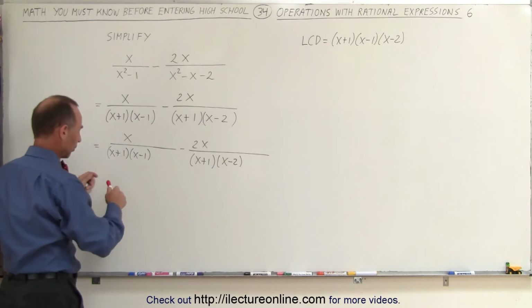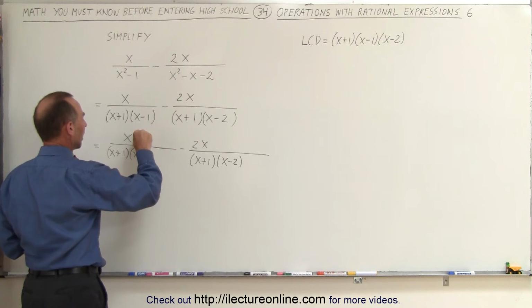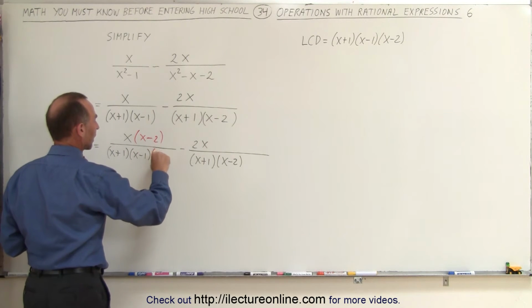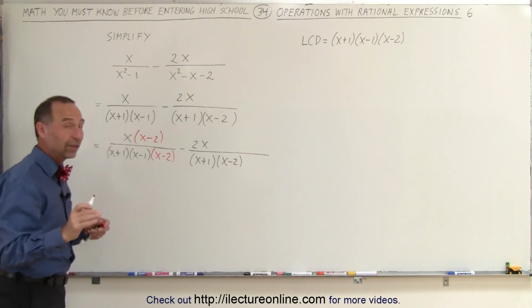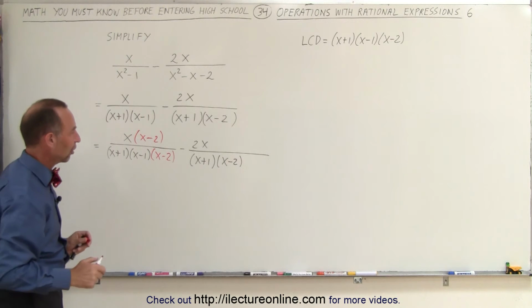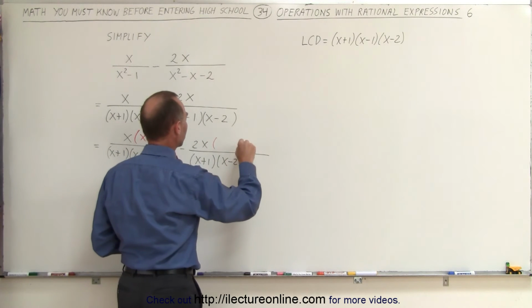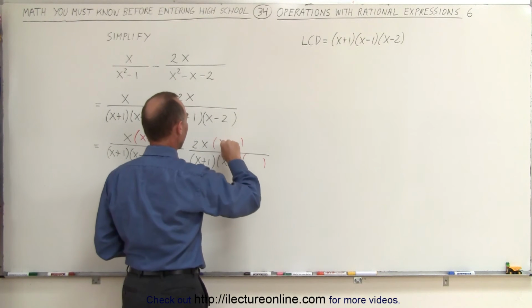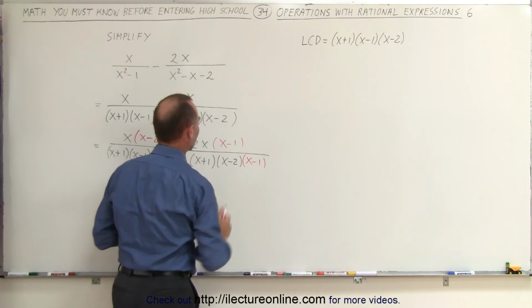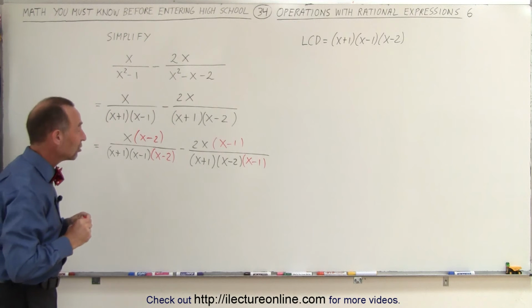In this case, we're going to multiply both the numerator and the denominator by the missing term, which is x minus 2. Again, notice that if we cancel these two out, you end up with what we started with, so nothing really has changed. And over here, we're going to multiply both the numerator and the denominator by x minus 1. Again, when you cancel these out, you end up with what you started with. So again, we didn't change anything.